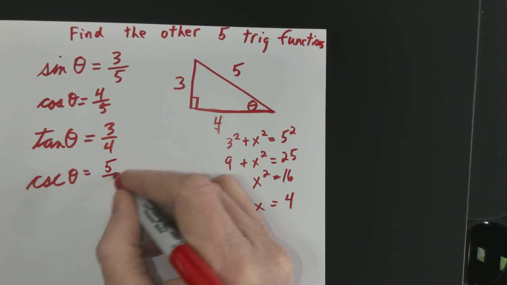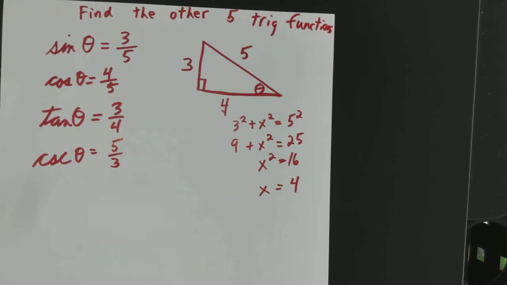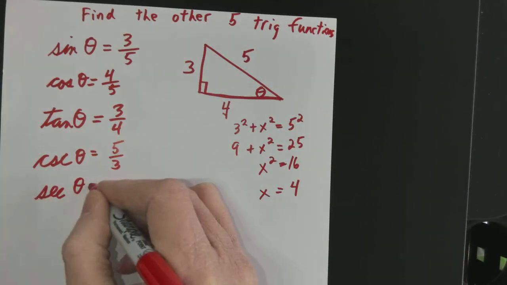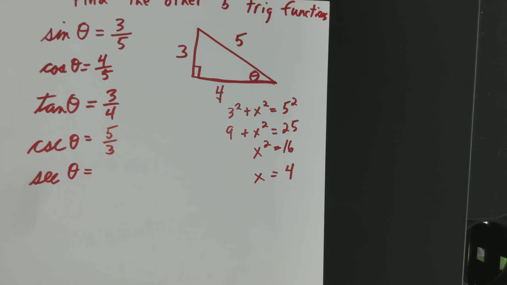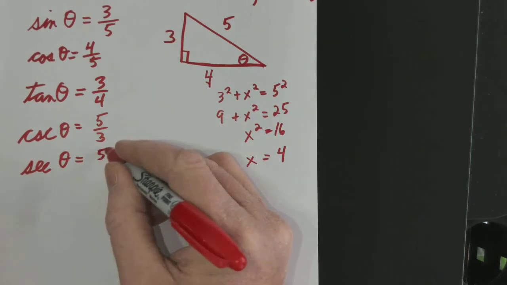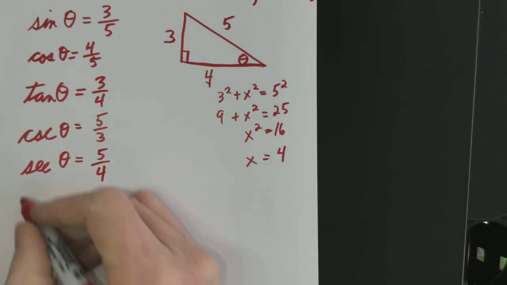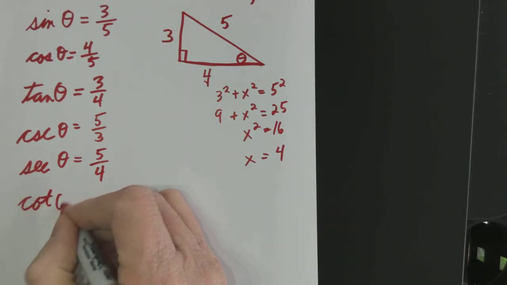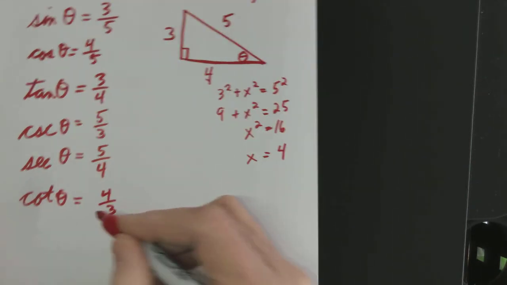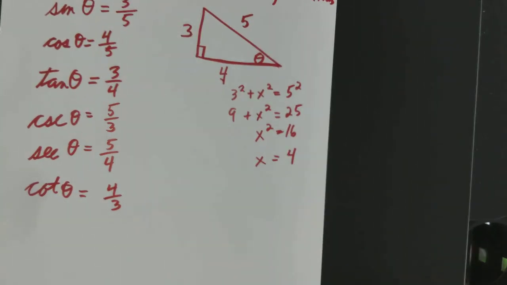It's 5/3. All right, good. Secant of theta, Cade? That would be 5/4. 5/4 is correct. And cotangent of theta, Annie? 4/3 is correct.